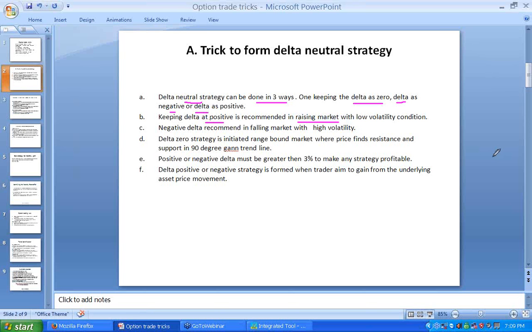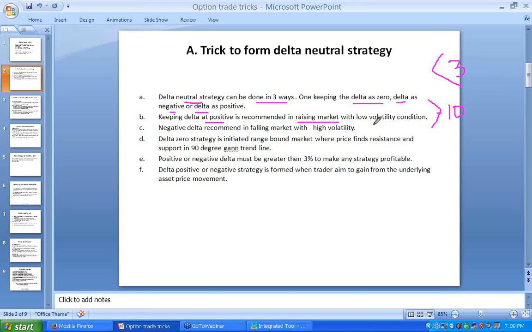Net delta should be positive, and this positiveness should not be less than 3, and at the same time it should not be greater than 10. So 3 to 10 is an ideal range wherein your time value management must be proper.